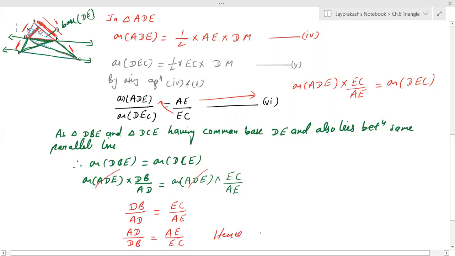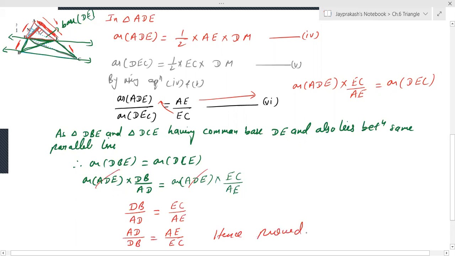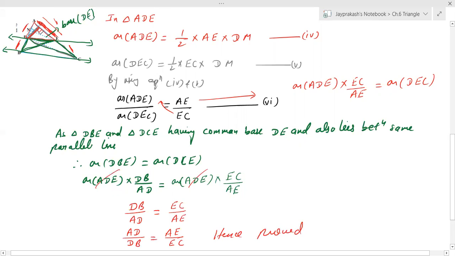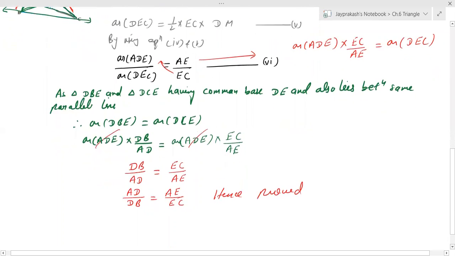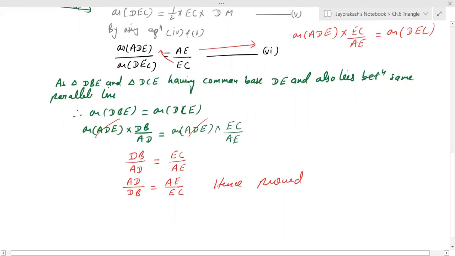So hence we have proved the theorem. It is not a difficult task to prove this theorem. The only thing you have to remember is which part of the triangle you are going to use. If we are using the upper half, then you have to use the lower half on the same base. That is the main thing.